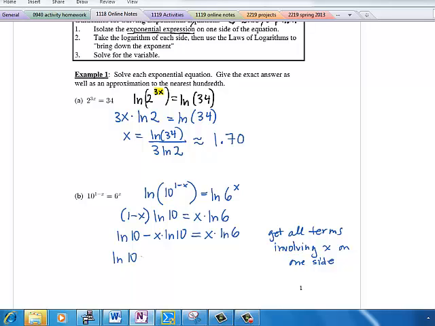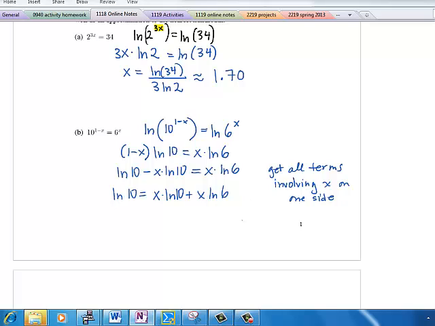So on the left, I'll still have my natural log of 10. And on the right, I'll have x times the natural log of 10 plus x times the natural log of 6. And the reason I wanted to do that was so that I can factor out an x. And then I will have x in one term only.